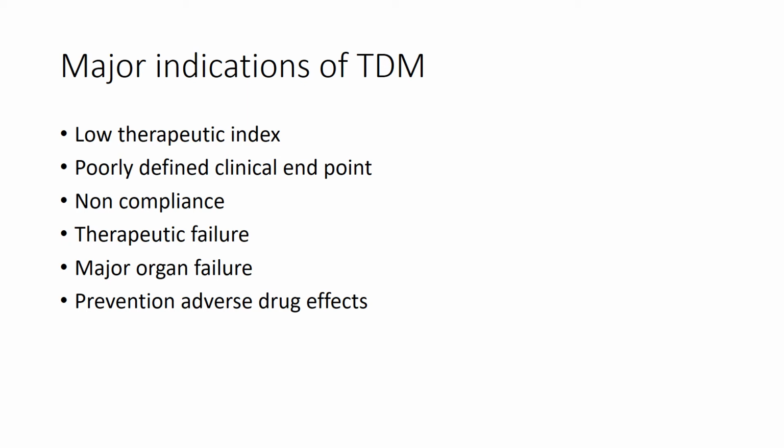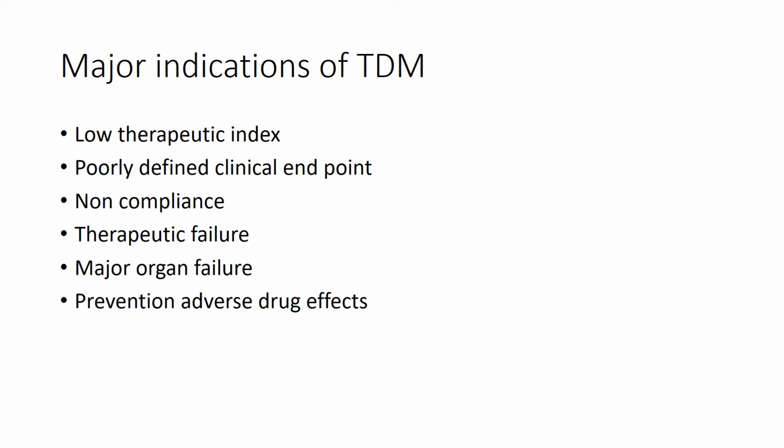Now, what are the major indications of therapeutic drug monitoring? Like we discussed before, it can be done for those drugs which have a low therapeutic index, that is the margin of safety is very less, and even if we increase the dose slightly, it can lead to toxicity.